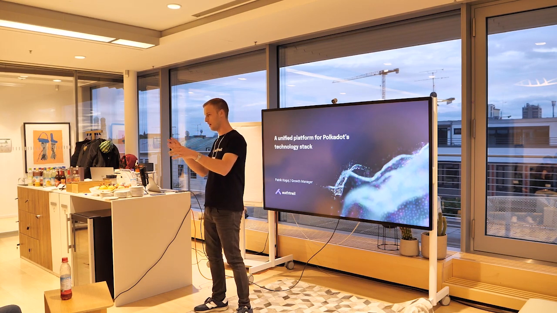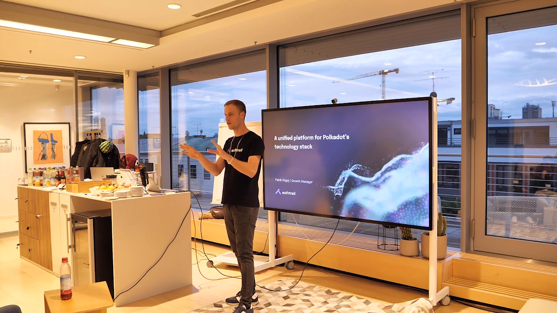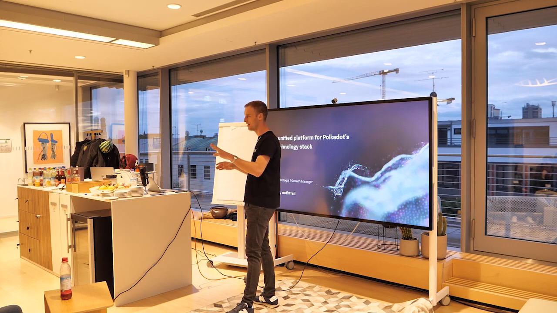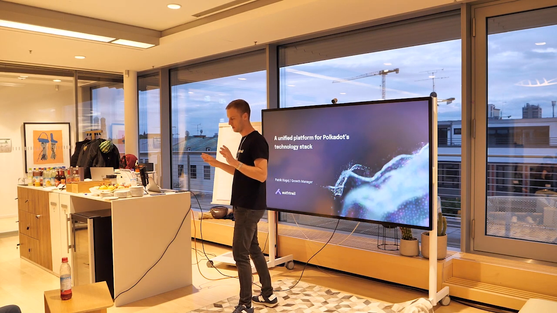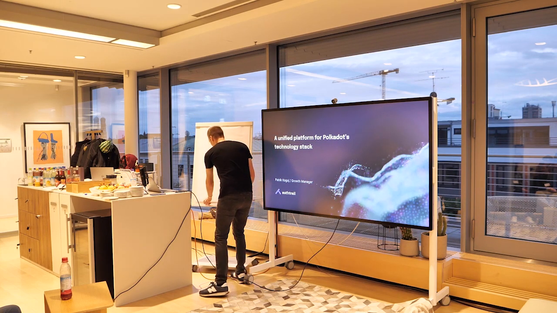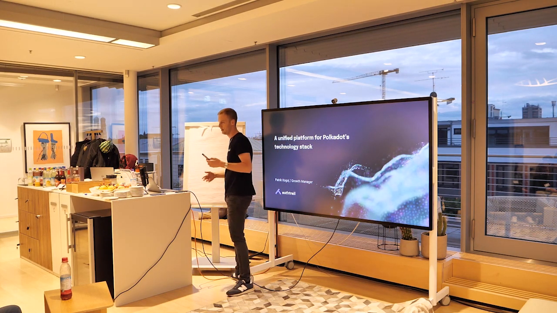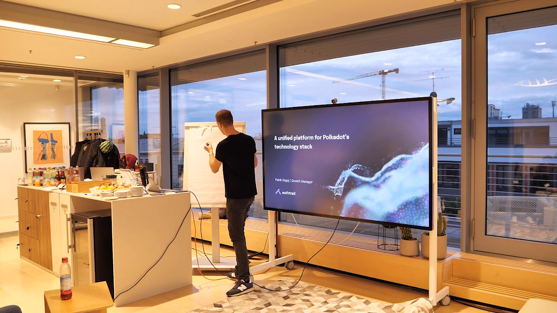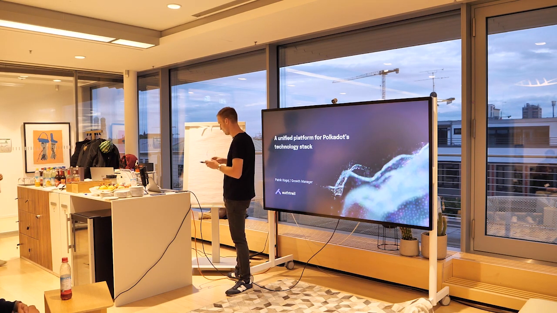Let me go a step back because I don't think you all know what Astar, Phala and Crust are. Let me first explain how Polkadot works. Polkadot, I'm going to write it here. In contrast to the other parachains, Polkadot is kind of the center which provides the infrastructure and the security for all the parachains.